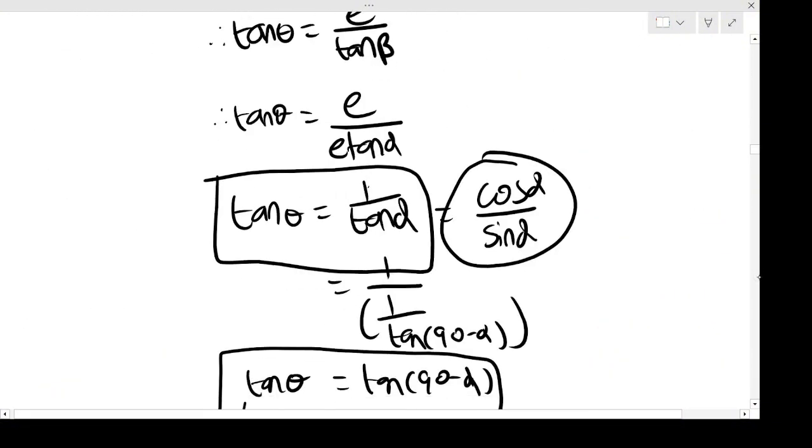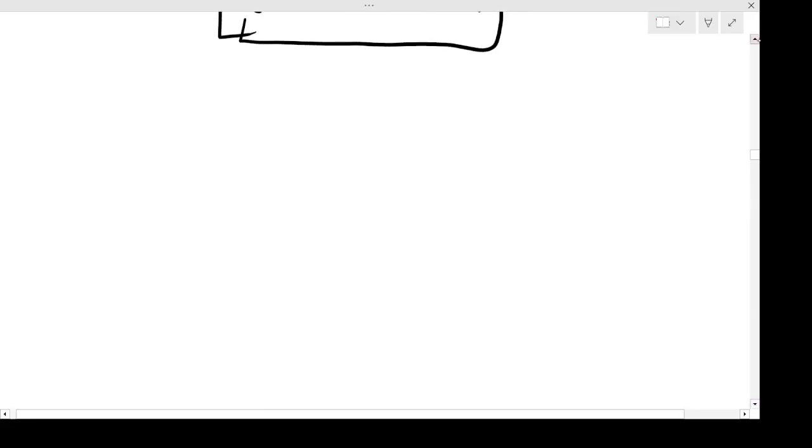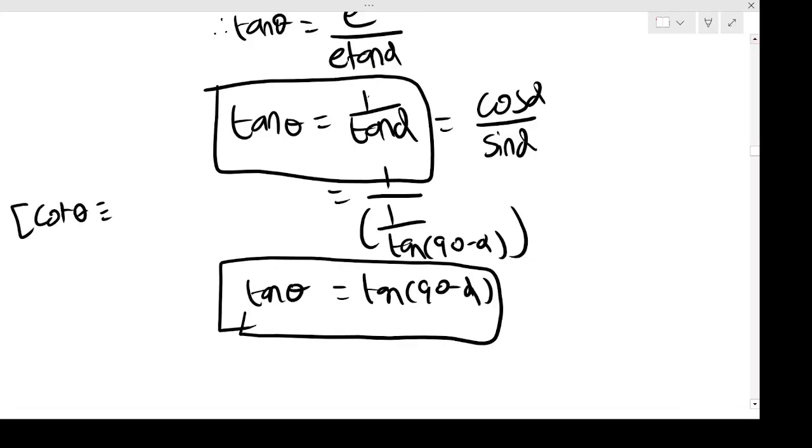The other way you could do this is, if you think back to the common techniques we did, right? One of the common techniques we said was that cot theta was tan of 90 minus theta.